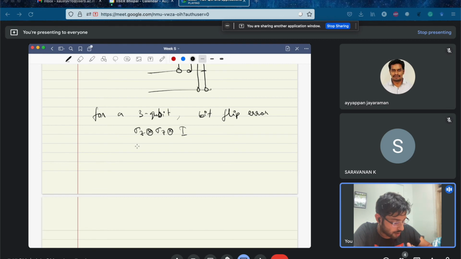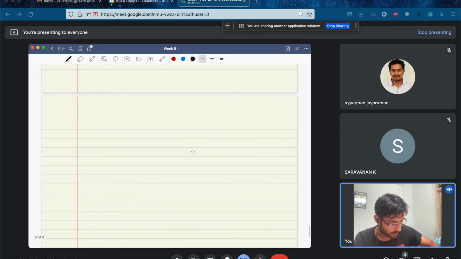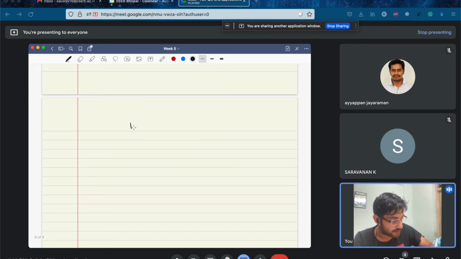So these are commuting operators. Okay, and they have the eigenvalues corresponding to eigenvectors. Like, okay, let me write it here. So they have these set of eigenvalues. So there are two operators and we are writing in the pair.